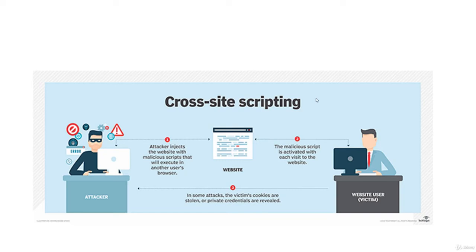Anyone who visits that URL will get infected, not all users. After that, in some attacks, the victim's cookies are stolen, or private credentials can be revealed by the attacker by gaining access to the victim's computer. This is how cross-site scripting works.